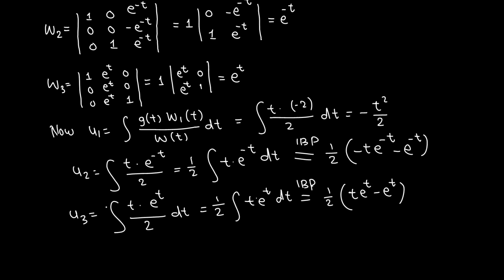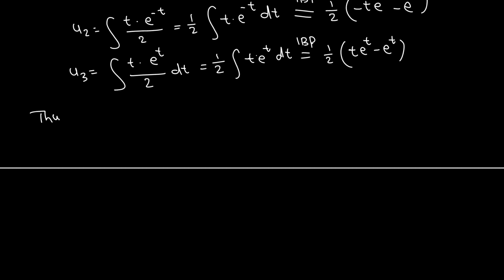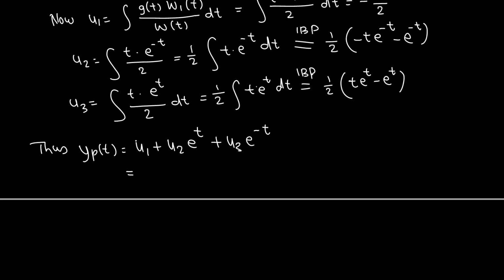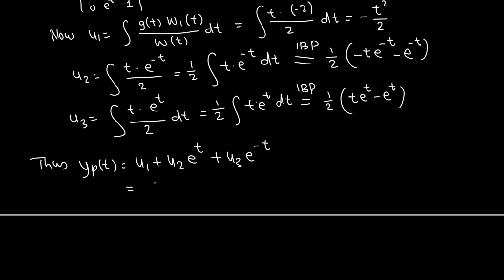Then let's go back and plug this in to find yp. Thus, a particular solution was u1 plus u2 e^t plus u3 e to the negative t. We just found u1 to be negative t squared over 2. And u2 was here, and we multiply with e^t. Then e^t times e to the negative t is 1, so negative t minus 1.